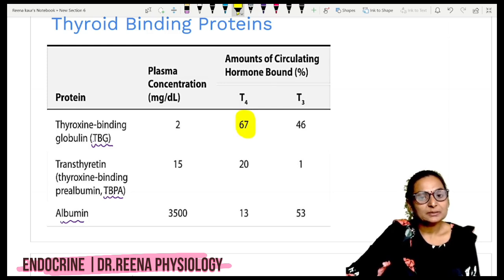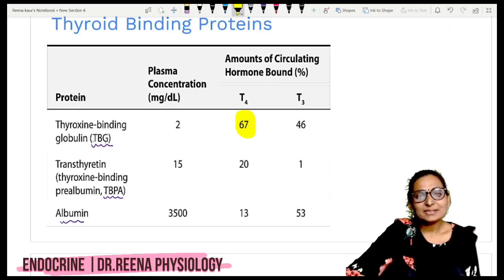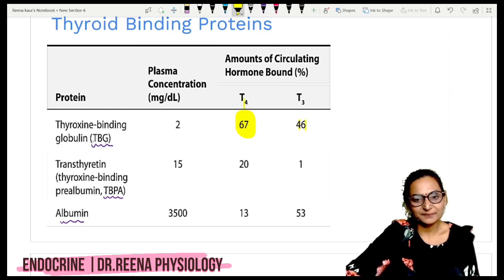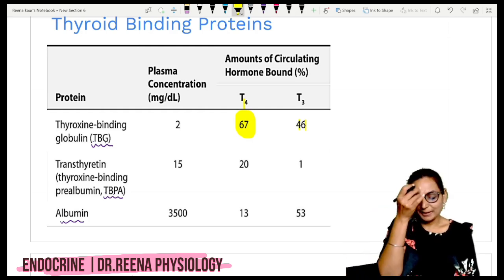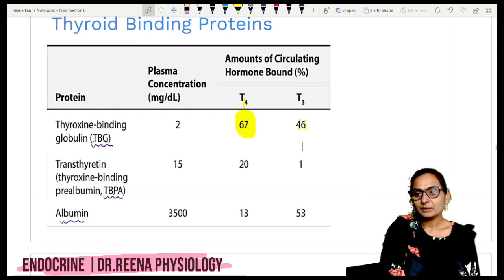It is your thyroid binding globulin, TBG, which binds 67% of T4 and 46% of T3. So TBG is the major one to bind thyroid hormones.